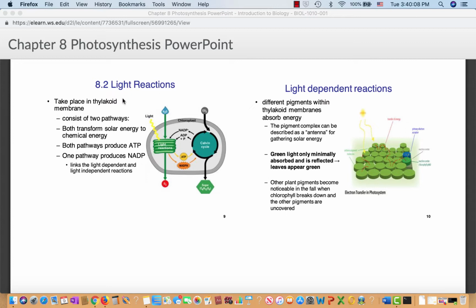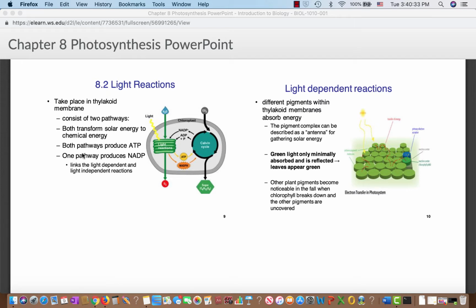So the light reactions, and again, this is like the respiration lecture. You need to know where these things occur, what you get out of them, what goes into them, what goes from one to the next, that sort of thing. You have two pathways in your light reactions that both transform solar energy to chemical energy.